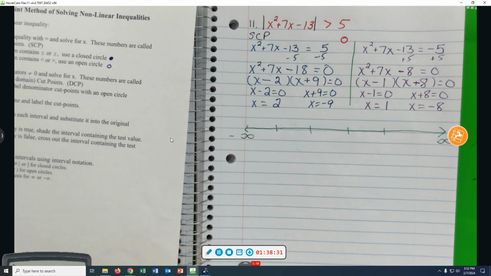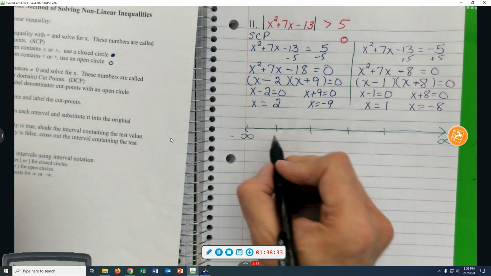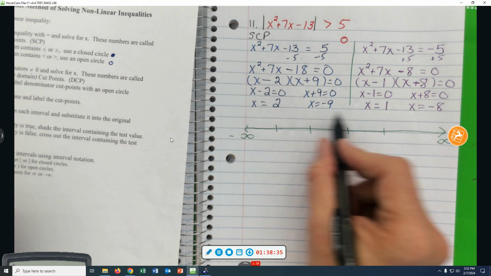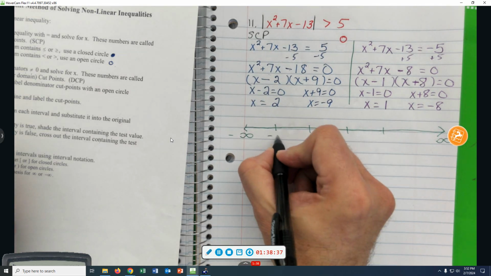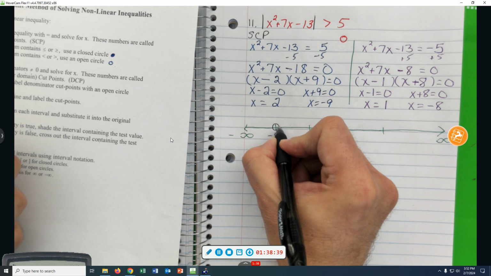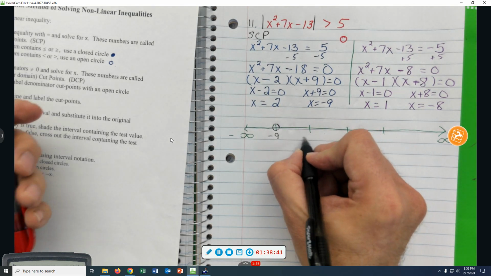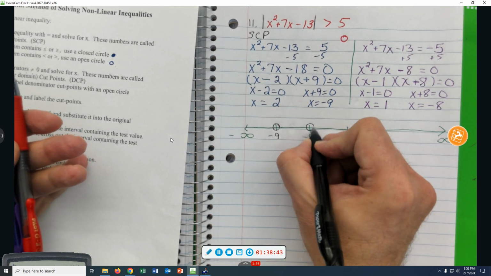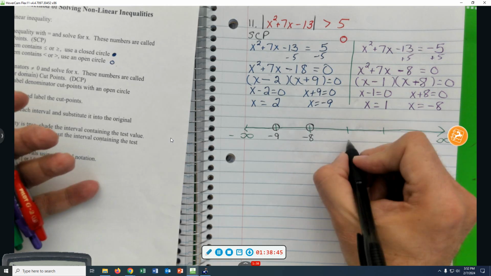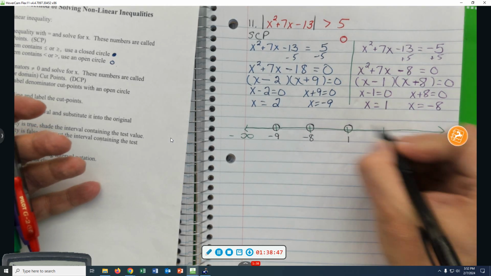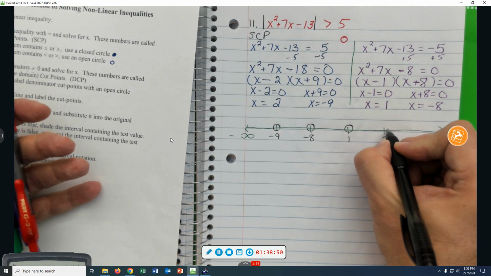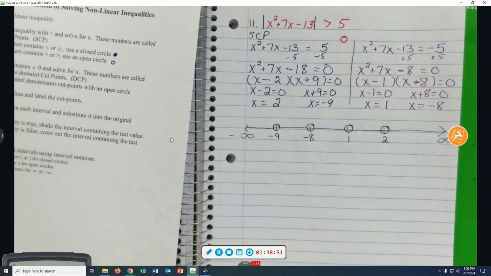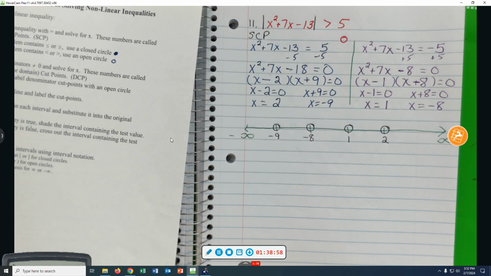Help me out. What's the order? Which one would be closest to negative infinity? Negative 9, then negative 8, then 1 and 2. There. Since 0 is not a cut point, that's what I'm going to test. But where is 0?